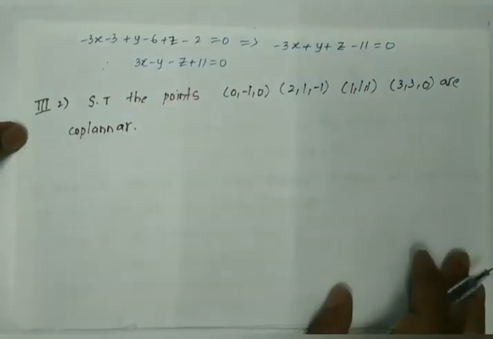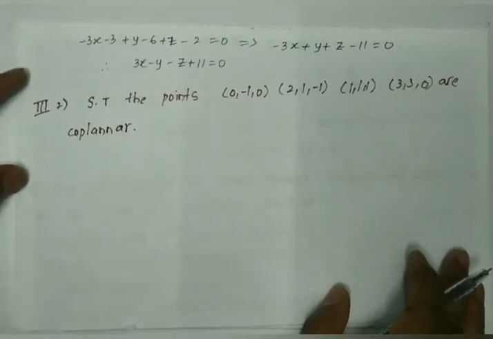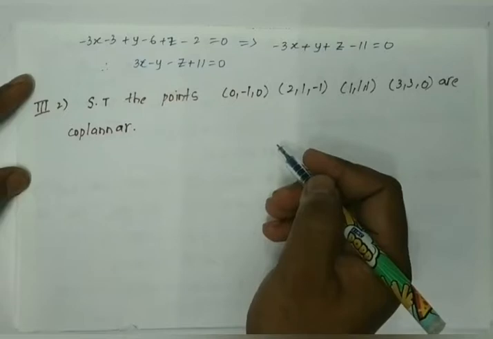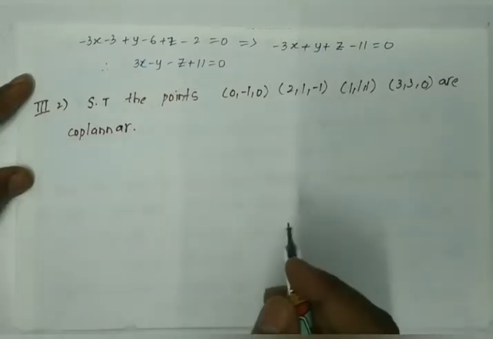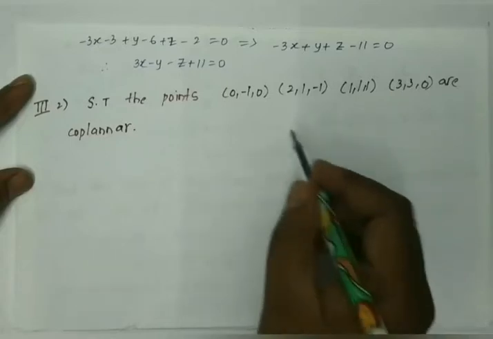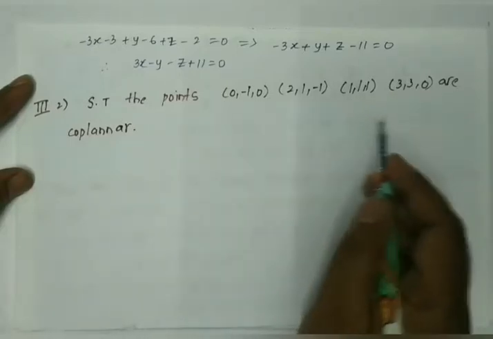So in this problem we want to show that the given points form a coplanar set. Here, to show that the given points are coplanar, first we have to find the equation of a plane which is passing through any 3 points.